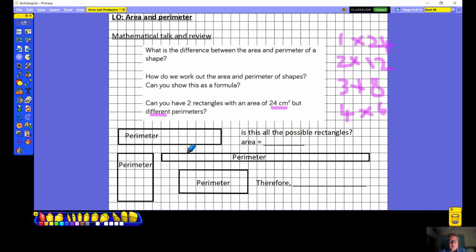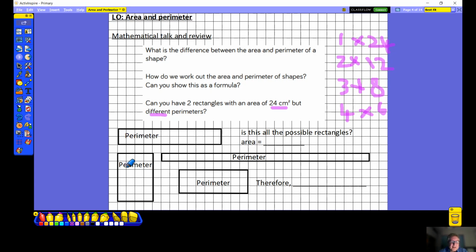So I've got 1, 2, 3, 4 that hopefully correspond to these. Is this all the possible rectangles? Now the area, we know we have the formula. I also put them on squared paper so you can count.